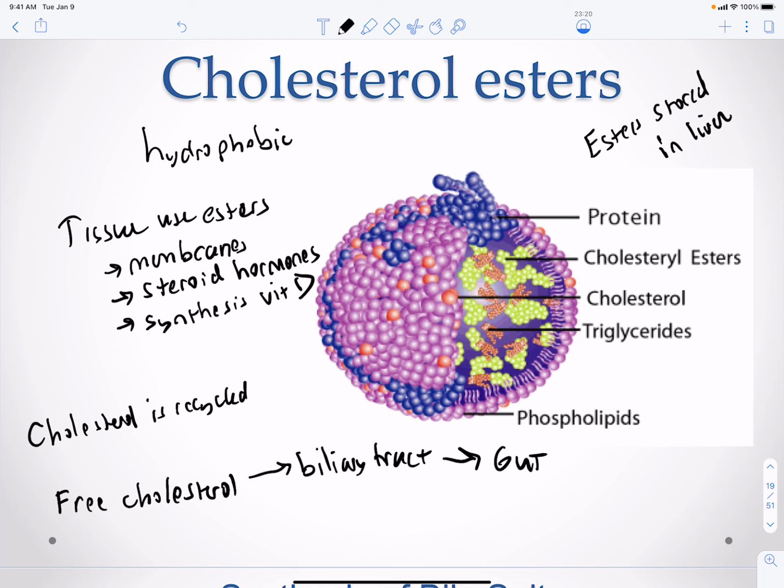And then 55% of this free cholesterol that was released is going to be reabsorbed.